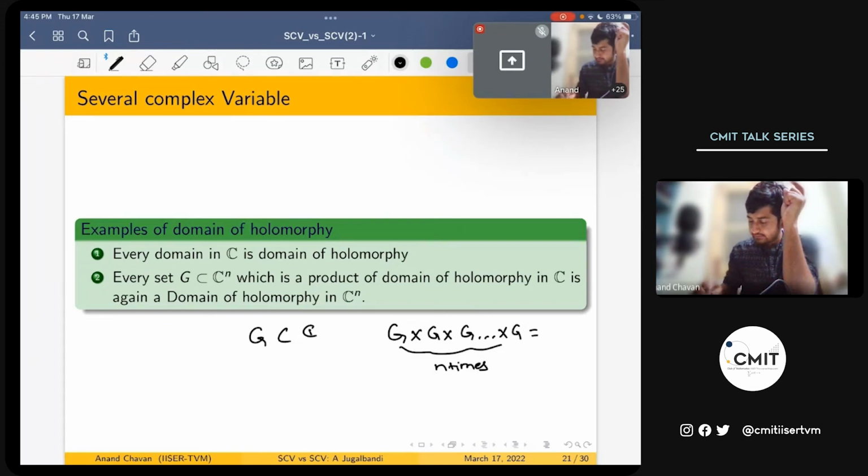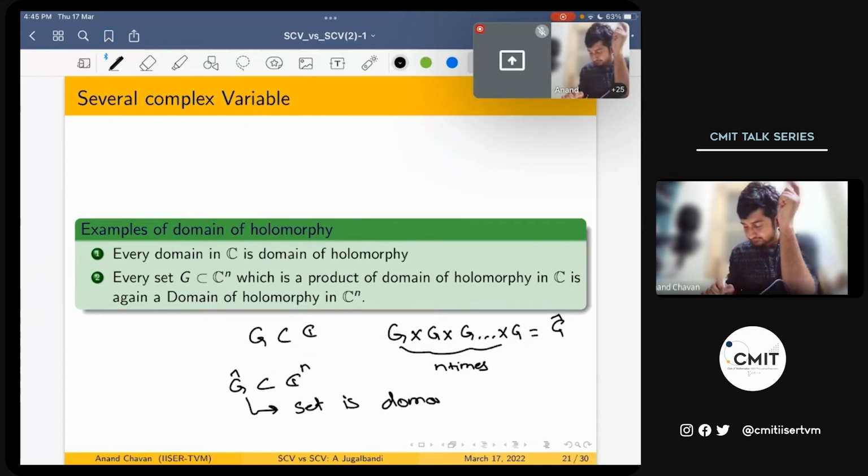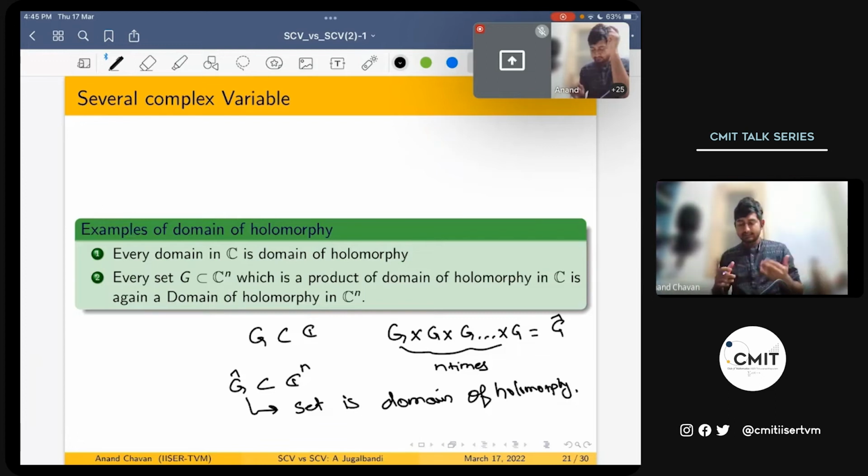I'll call this set G hat, and G hat is in Cn. And now this set is a domain of holomorphy. See, we have created an example of a domain of holomorphy in Cn.